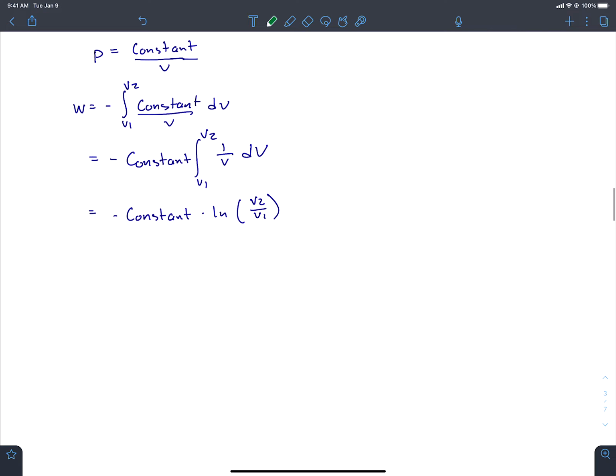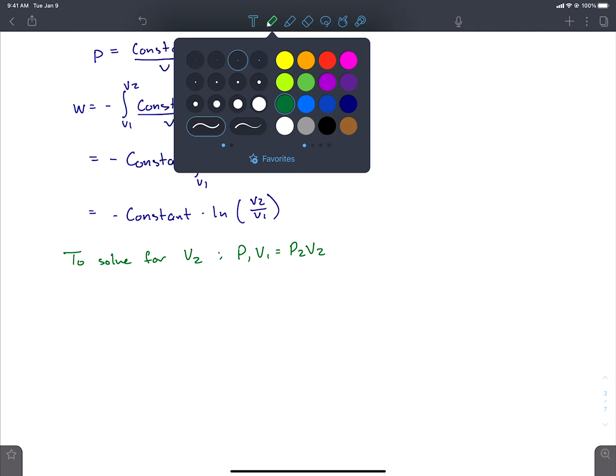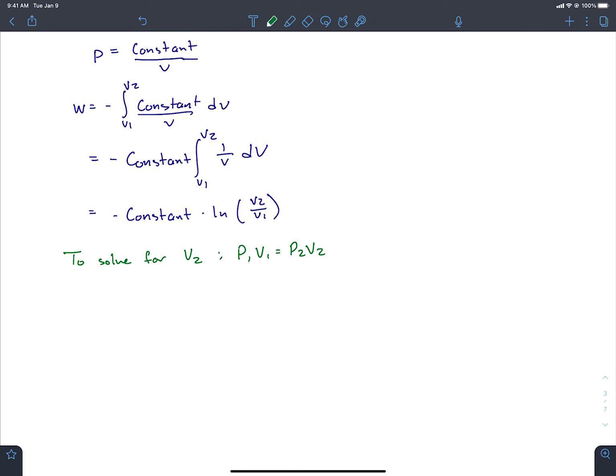As you notice, we're not given a V2. So to solve for V2, we can use P1 V1 equals P2 V2, since we know it's constant. We are given that relationship. So by that logic, V2 equals P1 V1 over P2, just doing some algebra.